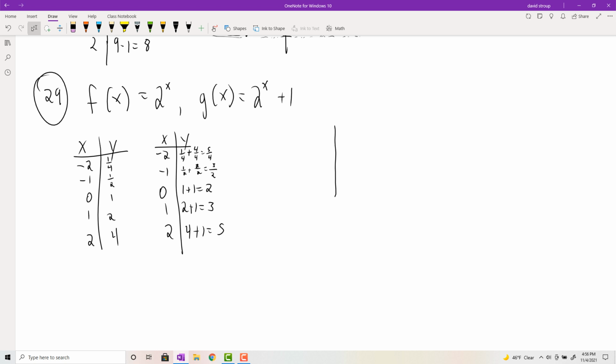Then we want to graph them both and kind of see the relationship between the two of them. Right, so at -2 you get 1/4, -1 you get 1/2, 0 you get 1, 1 you get 2, and then 2 you get 4. So there is f of x, and again it has a horizontal asymptote at y equals 0, okay, the x-axis, so it levels off like that. Then the other guy, it's basically the same graph but shifted up 1.